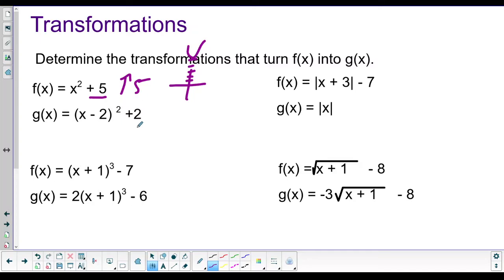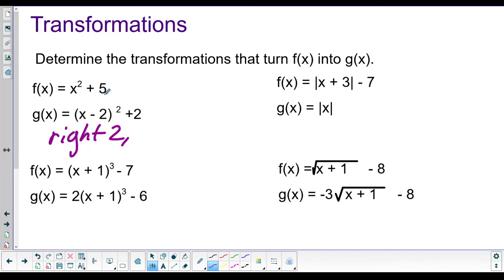All right. This one is going to go right 2, because right is the positive direction, and we have to switch the sign for h, and up 2. So we want to know what's the difference between this and this. Well, this one didn't move right, and this one moved 2 right, so they are 2 apart. So to get from here to here, we need to go right 2.